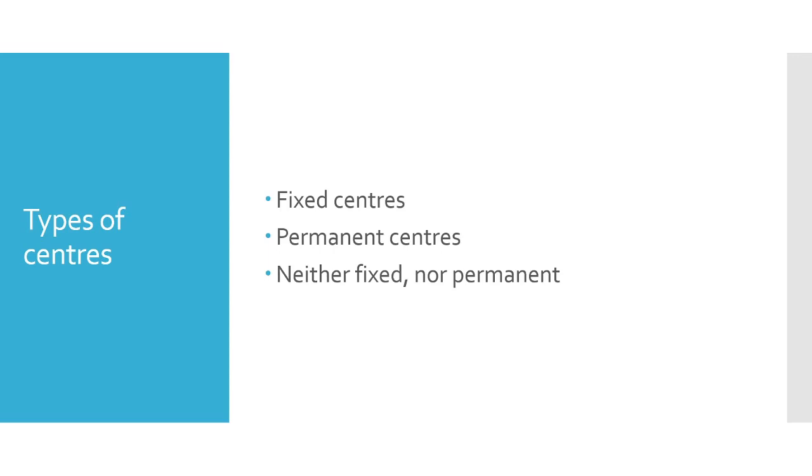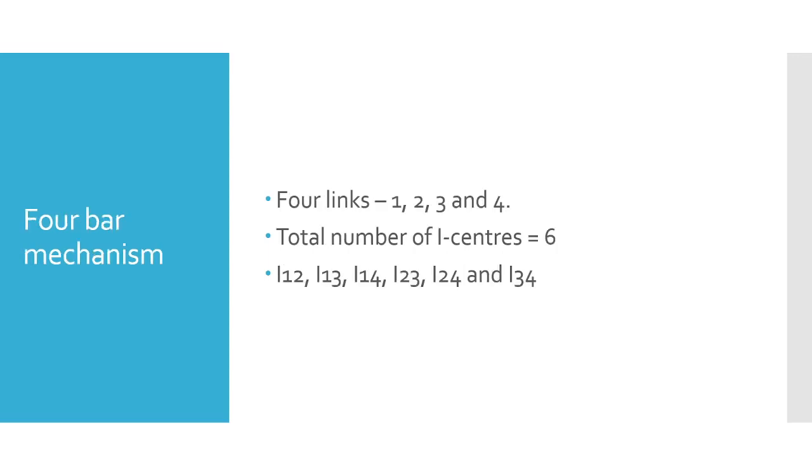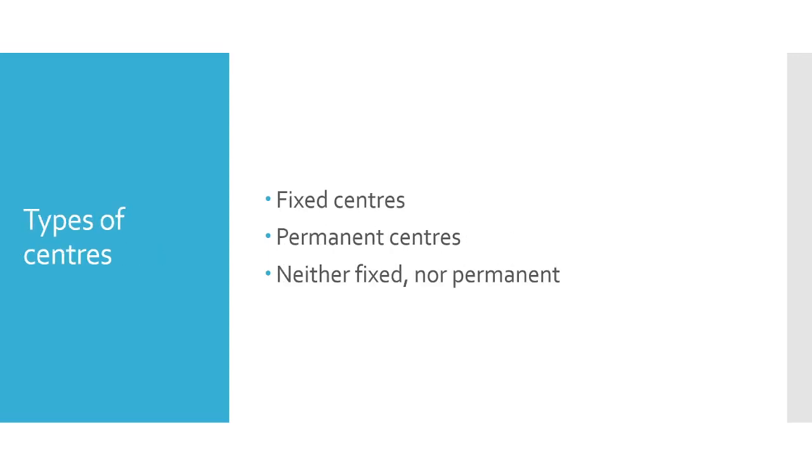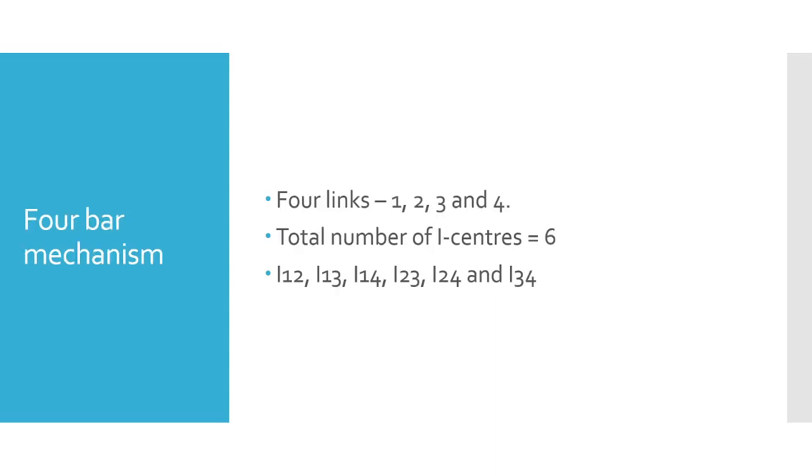Now we'll demonstrate with the 4-bar mechanism. That is the simplest mechanism. We have the slider crank mechanism and the 4-bar mechanism. In this lecture we'll look at the 4-bar mechanism. In a 4-bar mechanism, we have 4 links. The first is the fixed link, the second is the crank, the third is the coupler, and the fourth is the rocker, or sometimes it is the same as a crank, a rotating link.